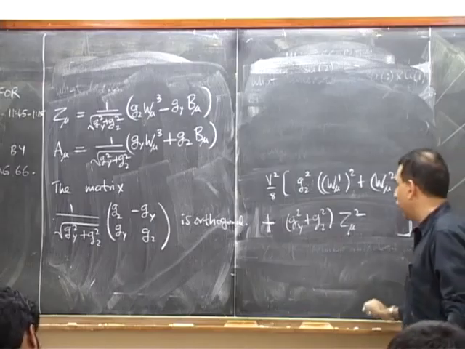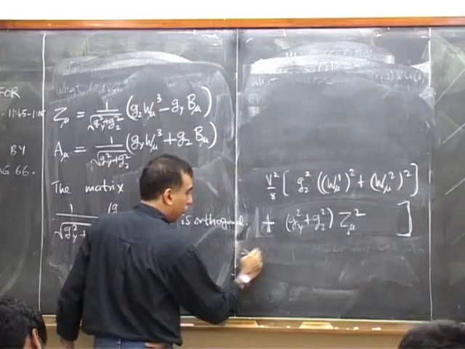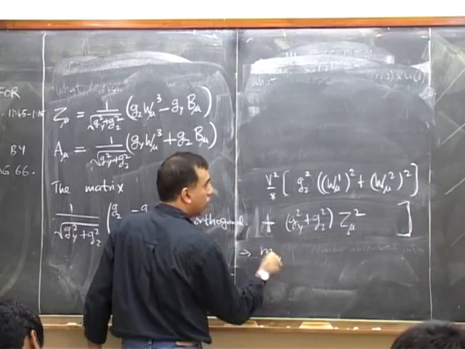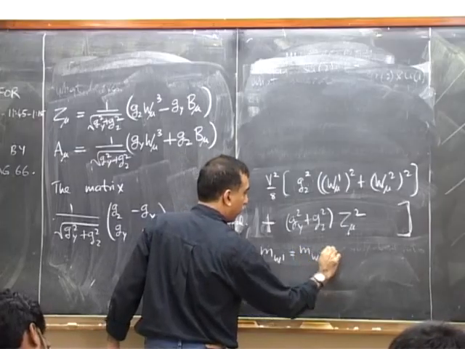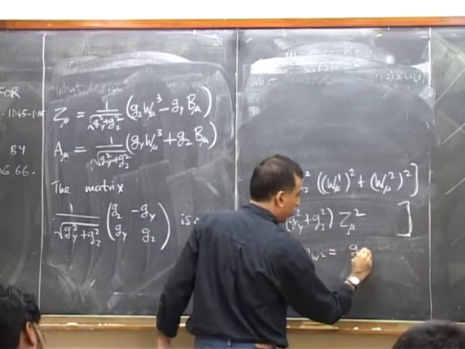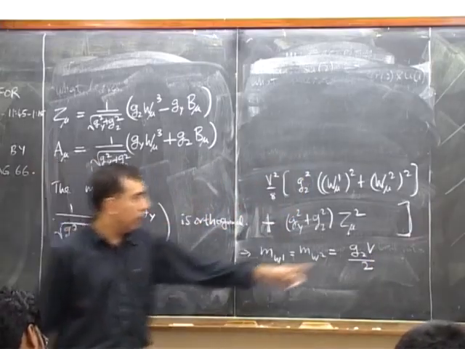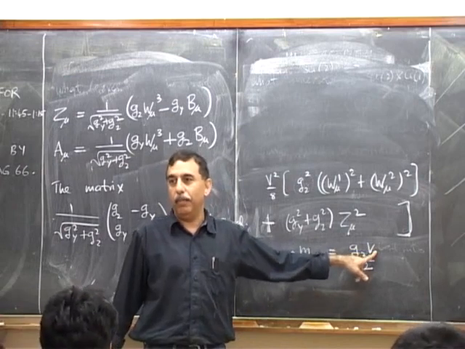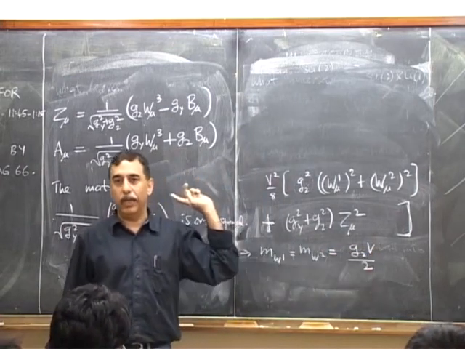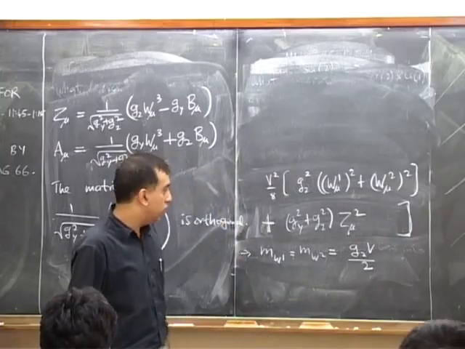Okay. So these are our mass terms, and from this we read off the mass of W1 and W2, which is g2 times v by 2. So this mass depends on the amount of the Higgs vev, which by the way was so far an arbitrary parameter, because it came from that lambda coupling constant and mu we put in, and we didn't say anything about how we chose those.